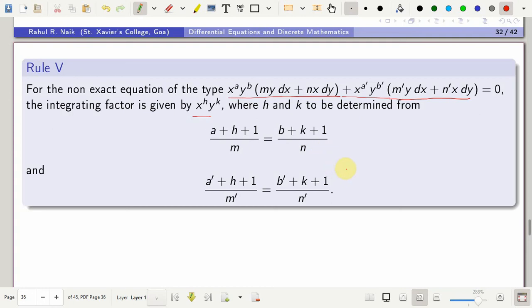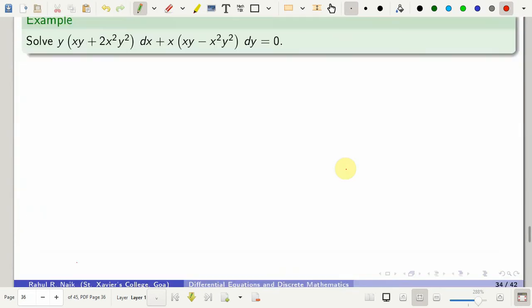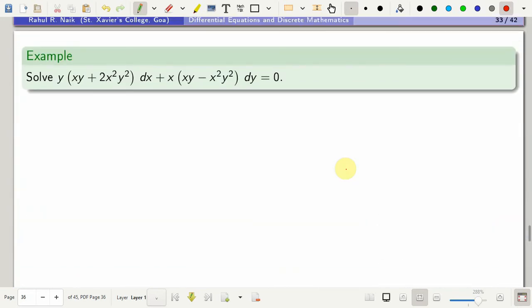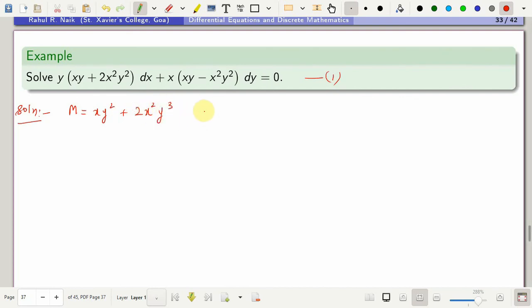So let's take one illustrative example here. First, as usual, we need to check whether the given equation is exact or not. For that, I'll write down first the value of m. In this case, it is xy square plus 2x square y cube, and the value of n here is x square y minus x cube y square.